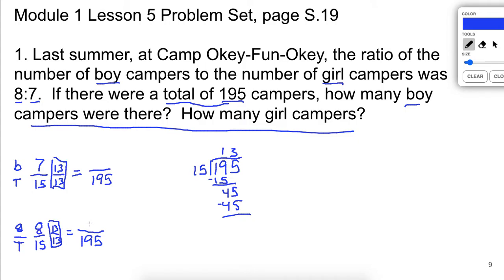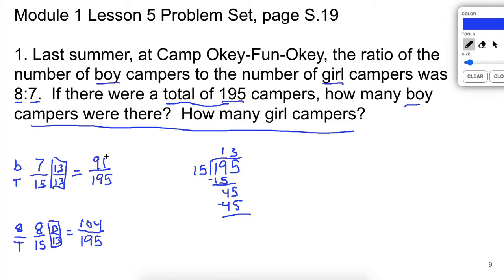So 80 plus 24 would be 104. And 7 times 13 would be 7 times 10 plus 7 times 3. So 7 times 10 is 70, plus 7 times 3 is 21. So that would end up being 91. And I could check that by adding those two together, and they do equal 195.